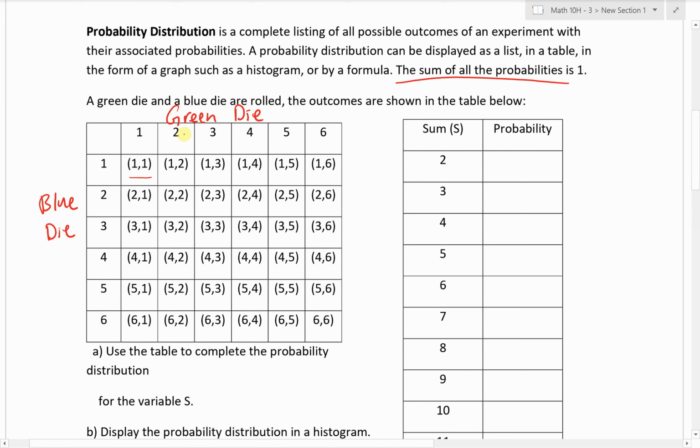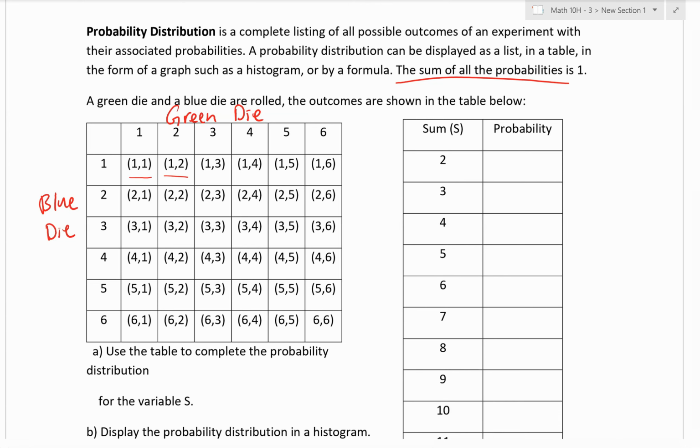If you roll a 2 for the green, 1 for the blue, then you get 1, 2, and so on. So this would be the total possibilities: 1, 1, 1, 2, 1, 3, 1, 4, all the way to 6, 1, 6, 2, 6, 5, 6, 6. This is a regular 6-sided die. Obviously, it could be other sizes, but let's say a regular die.